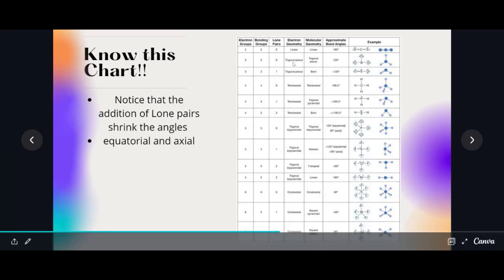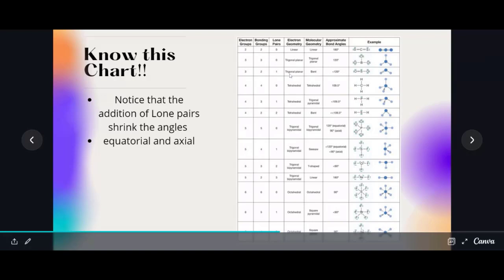So in this example, notice that this BCl3 molecule has three areas of electron density. VSEPR says that all these groups are going to repel to form a trigonal planar shape for the electron geometry, and it's also going to be trigonal planar for the molecular geometry because there are no lone pairs.